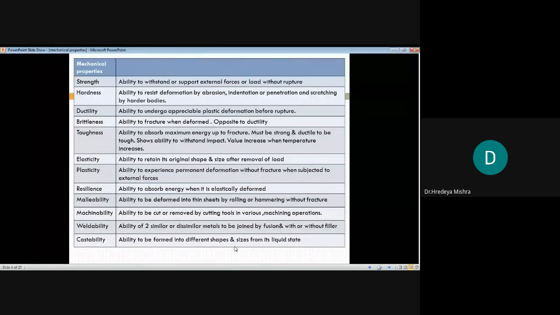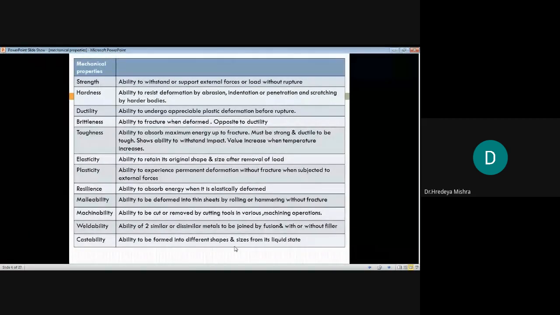So our second property is hardness. What is hardness? Hardness is the ability of a material to resist wear, scratching, abrasion, cutting, indentation, or penetration by a harder body.